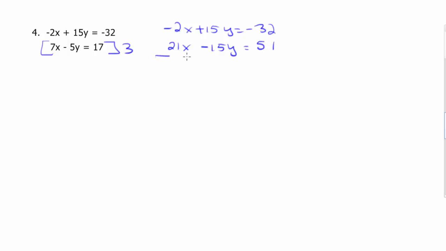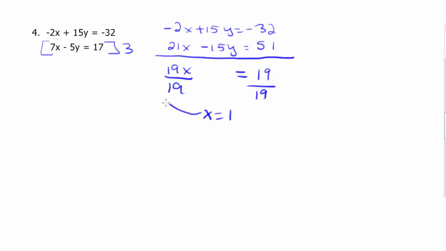Now we're just adding these up. This becomes 19x, those cancel, equals 19. Divide by 19, x equals 1.